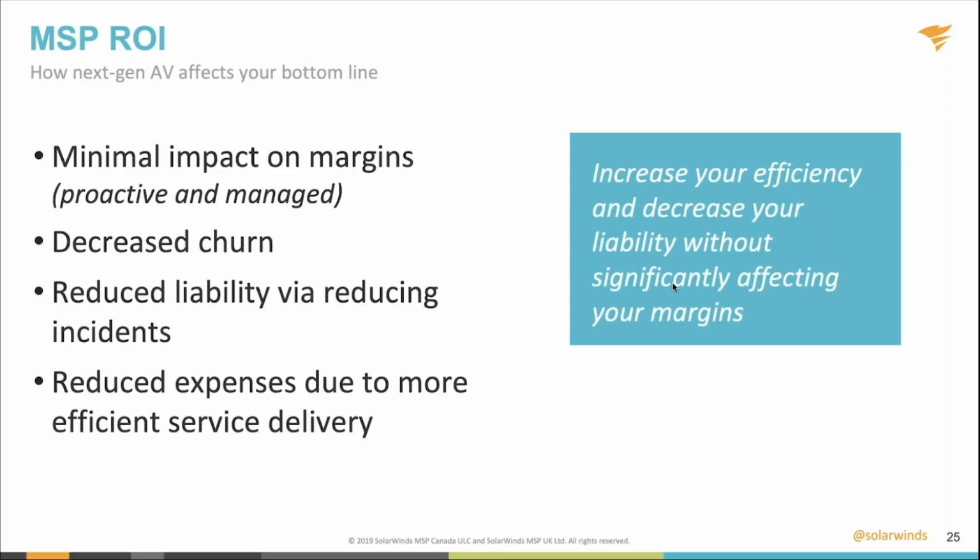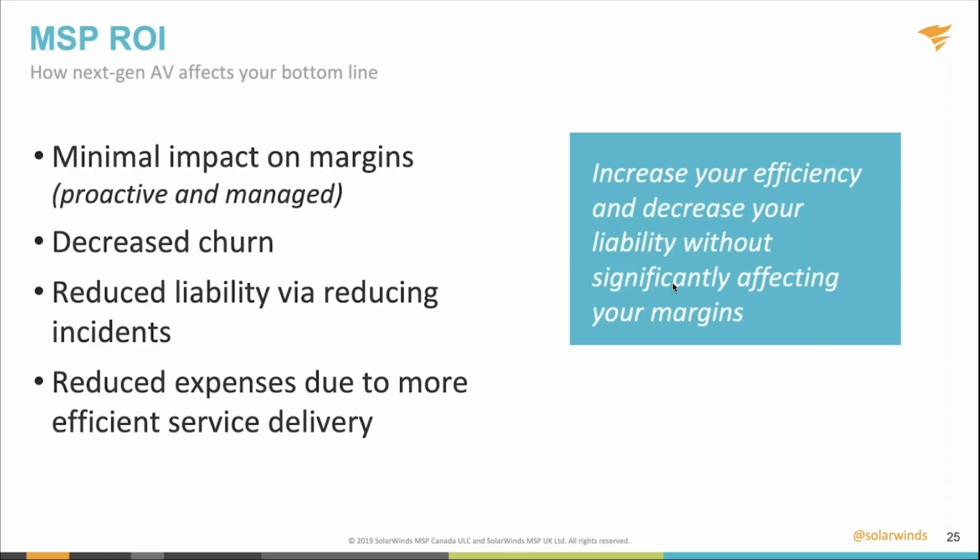We're seeing more and more as managed service providers take on more and more of the responsibility for the entire IT infrastructure for a customer, your liability increases. So everything that we can do to help you guys reduce that liability through the tools that we're offering helps you guys with your profit margins overall.